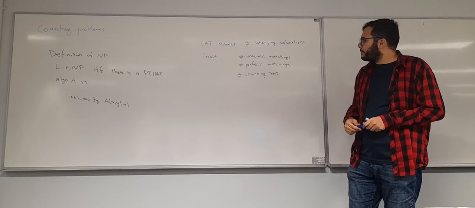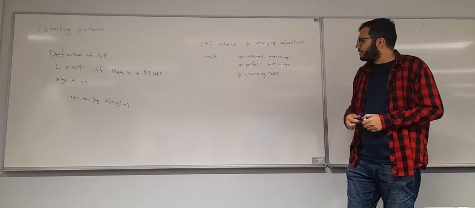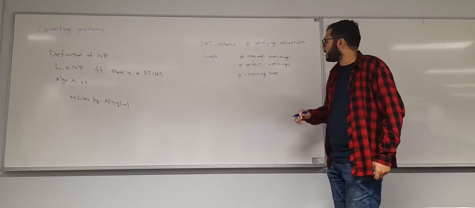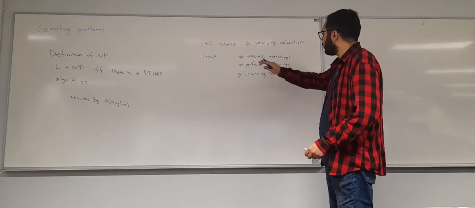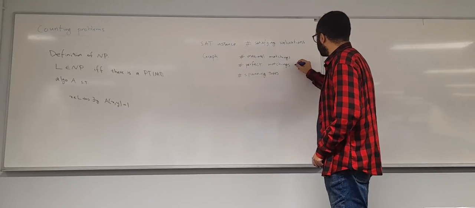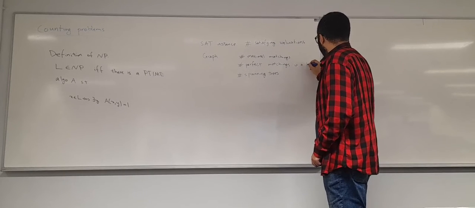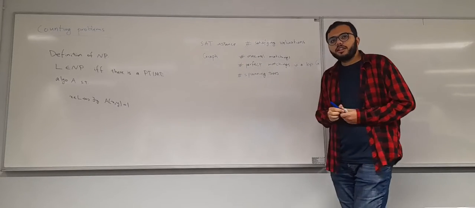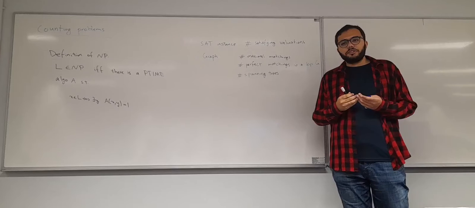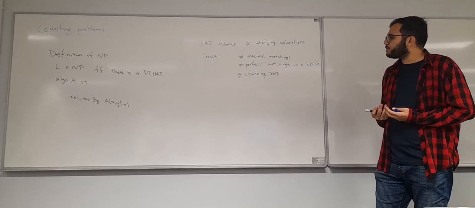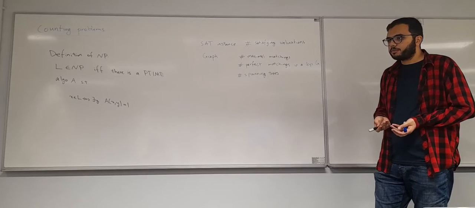And the same thing happens in graphs. So if I want to give you an example again, let's say I want the number of maximum matchings or the number of perfect matchings in a bipartite graph. So you can see that intuitively it seems like the counting problem is going to be harder than the decision problem.